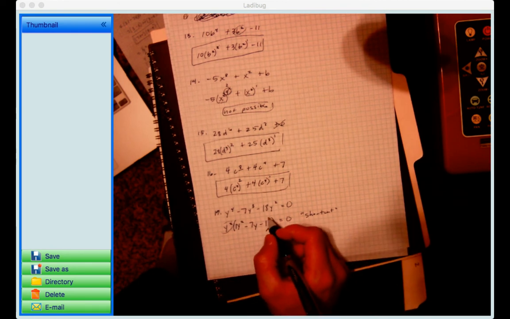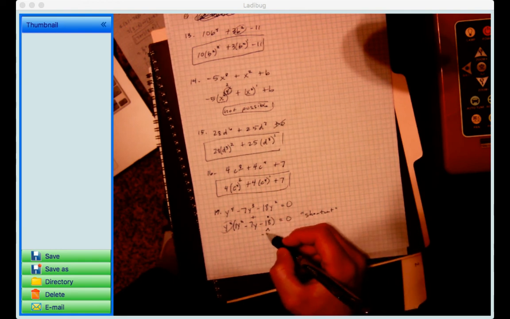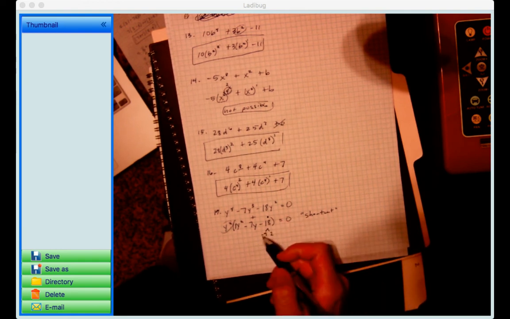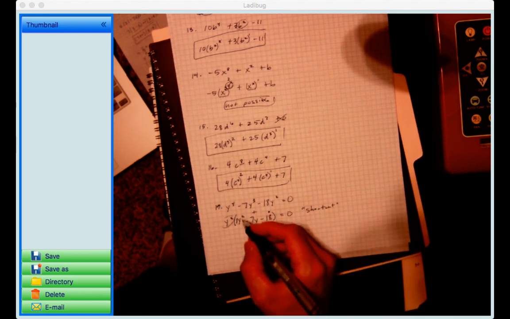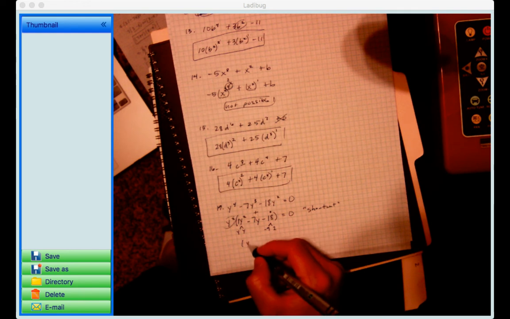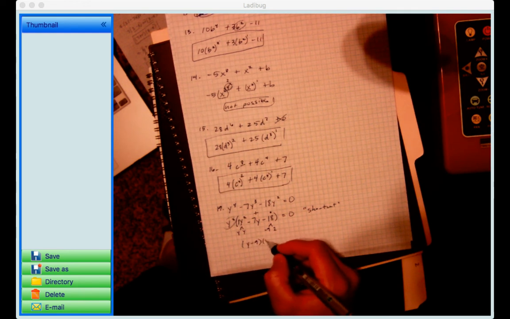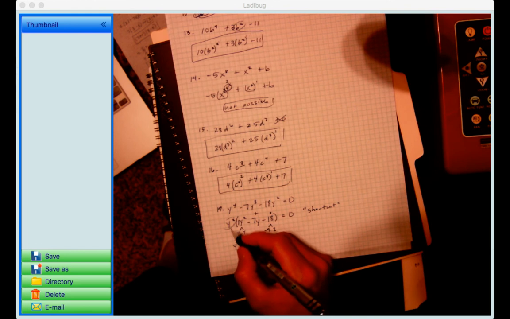So multiples of negative 18 that add to negative 7. So negative 9, positive 2. Negative 9 times 2 is negative 18. Negative 9 plus 2 is negative 7. And then this gives me my y and my y. So I just have y minus 9 and y plus 2. And then I have my y squared in the front that I can't forget.